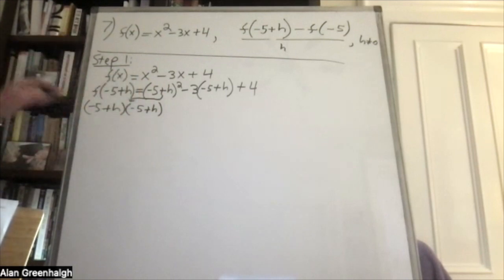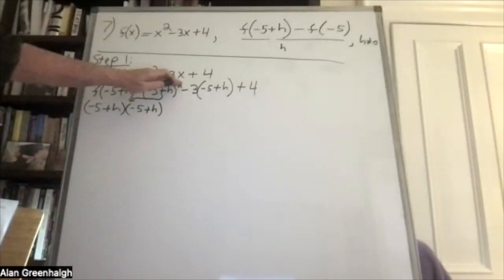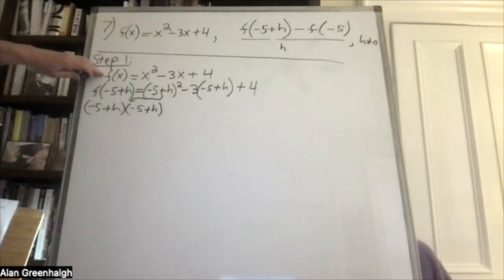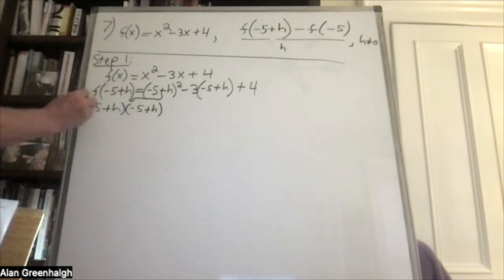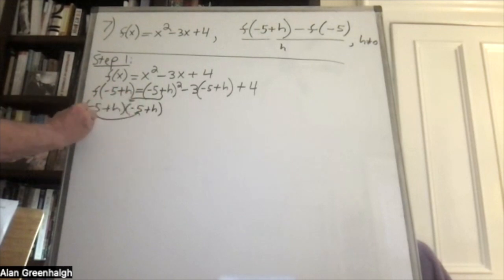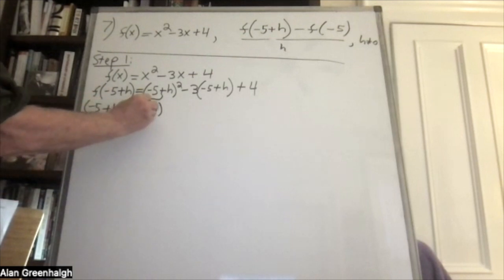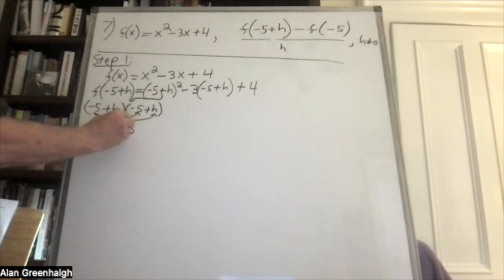It's just part of this whole concept of evaluating f of x when x is equal to -5 plus h. Now I'm going to multiply. -5 times -5 is positive 25. -5 times h is -5h.